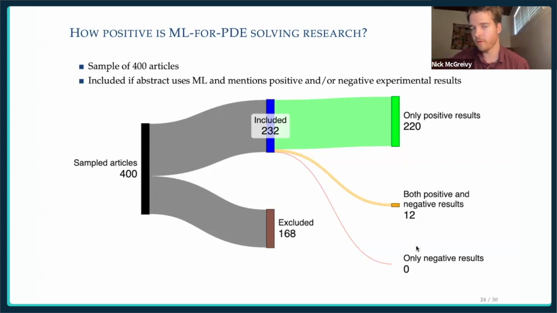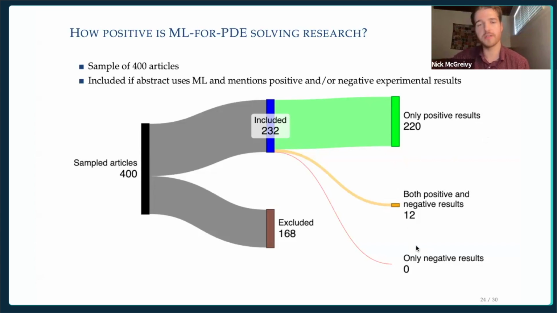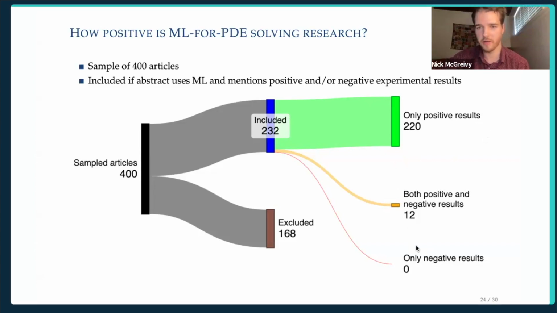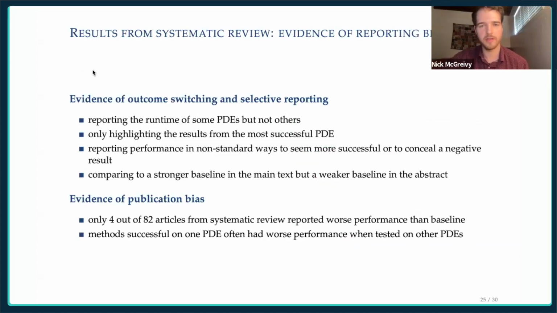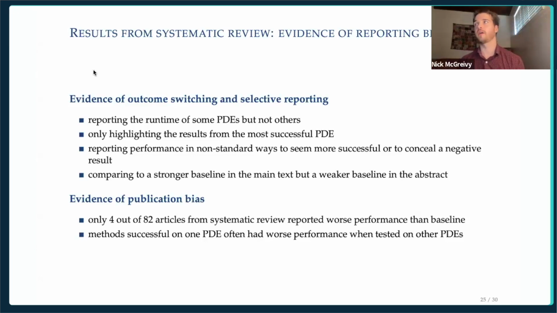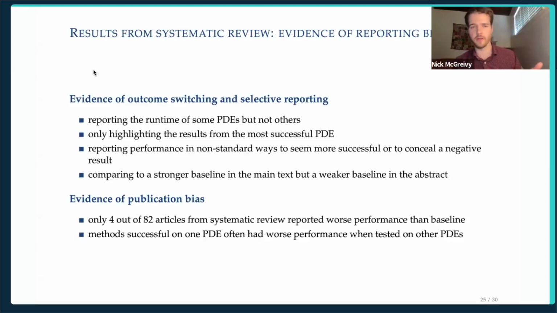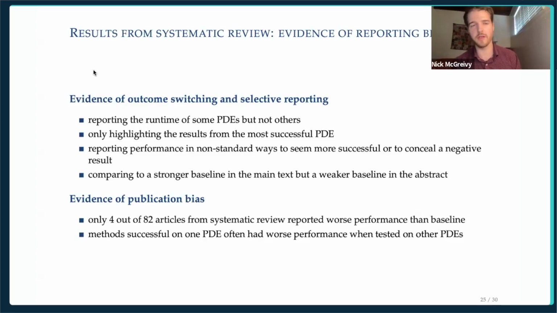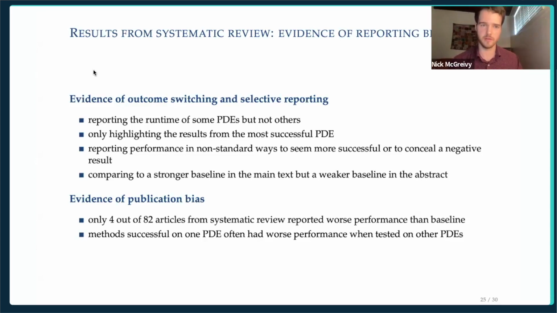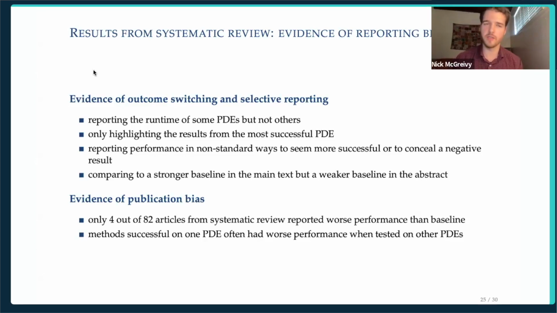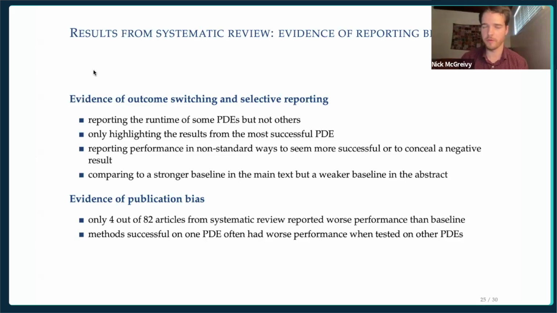This doesn't prove that reporting biases are going on, but it does suggest that we should investigate them. I don't have time to talk about all of the evidence of reporting biases I found looking through the literature. This is a little bit harder to find evidence of than in the antidepressant paper I showed you, because I don't have a database of what people were planning to do before they knew the results.